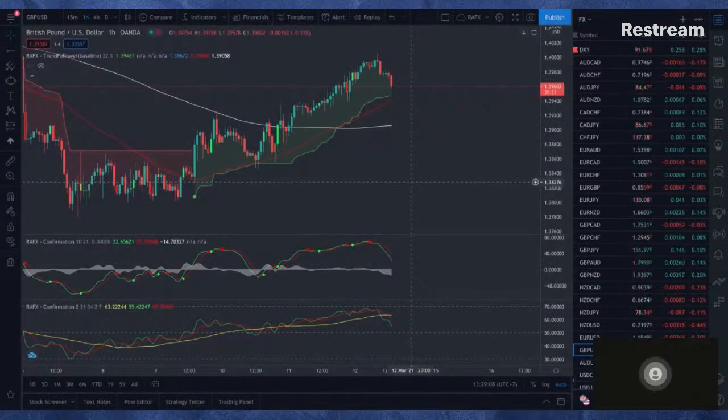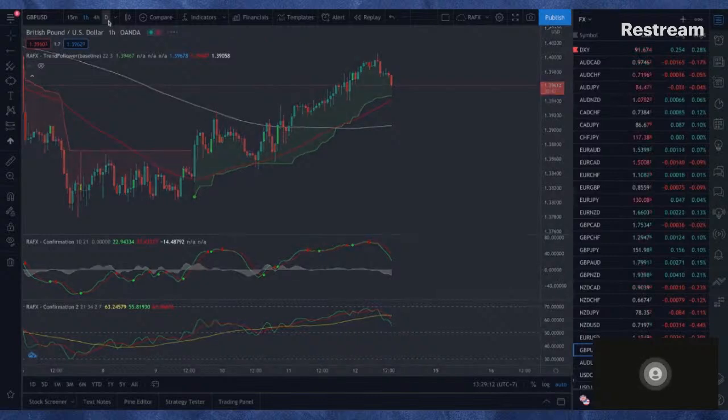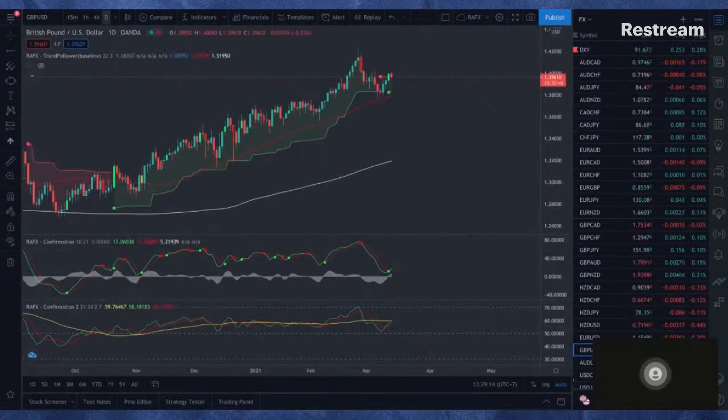Next is GBPUSD. GBPUSD is still, I think, in the uptrend, and it just showed earlier today a buy stop signal in our trend follower. And it's not too far, right? And it is recovering.